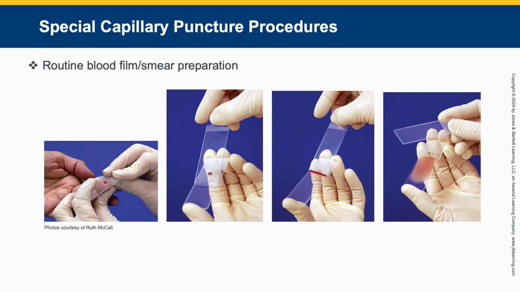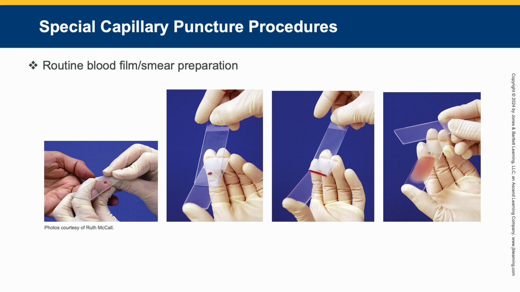So you're going to pull the spreader back to the edge of the blood drop. You're going to stop it as soon as it touches the drop and allow the blood to spread along the width. See, that drop turned into a straight line then. With the pusher slide, you're going to have a bullet-shaped film once you do this.